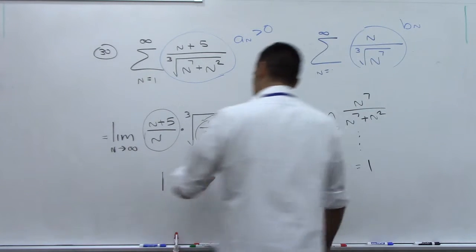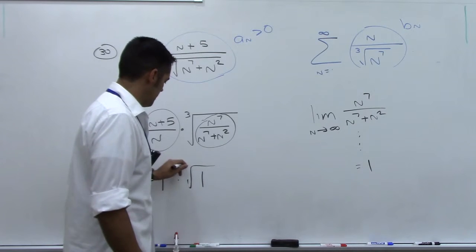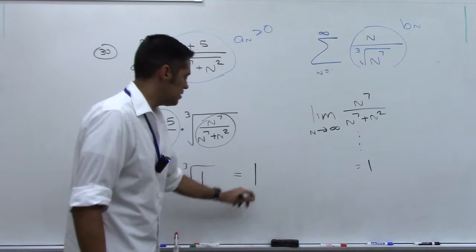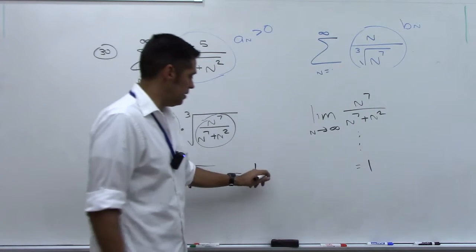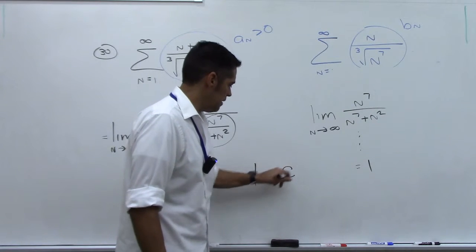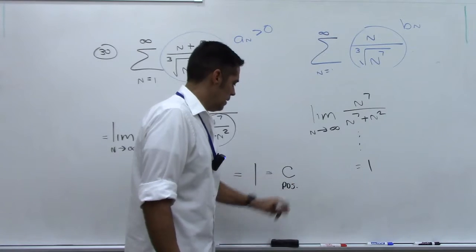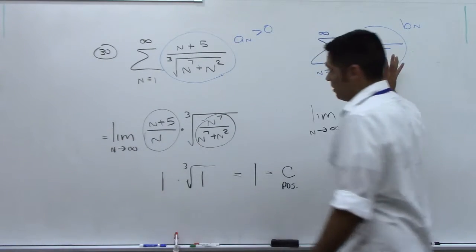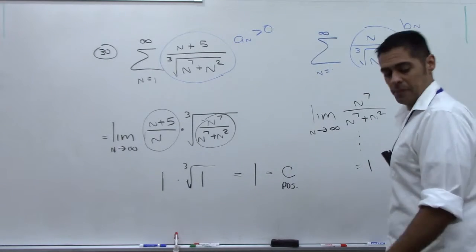So I know that this goes to the cube root of 1, which is just 1. So this whole limit turns out to be 1, which is a positive constant, right? This is a constant, it's positive. So that means that whatever this series did, that one does also.